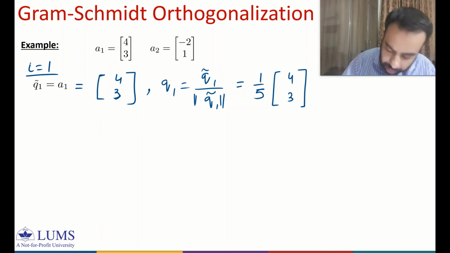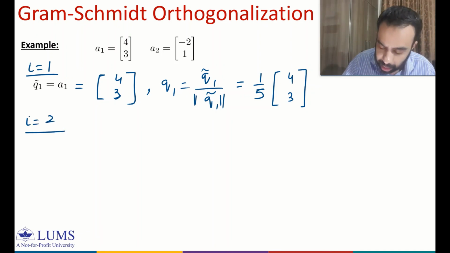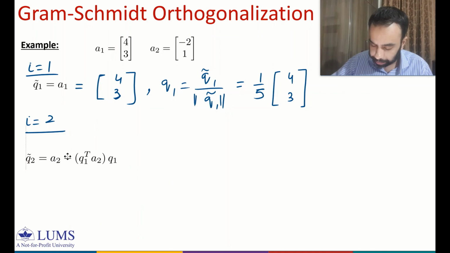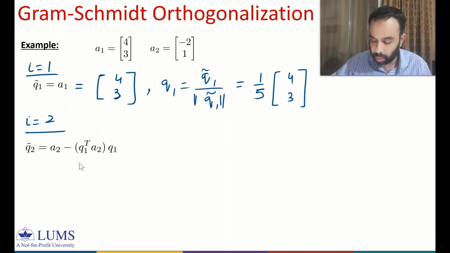In the second iteration, i is equal to 2. You find Q2 by first finding Q2 tilde. Q2 tilde is given by A2 minus Q1 transpose A2 times Q1. The projection of A2 on Q1 in the direction of Q1, you subtract this from A2 and you get Q2 tilde.